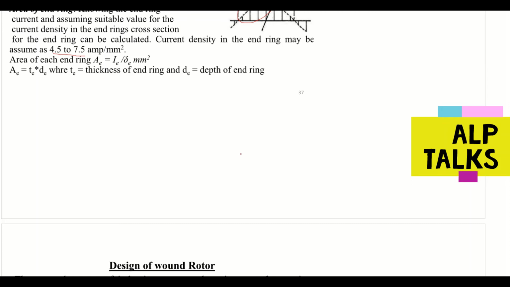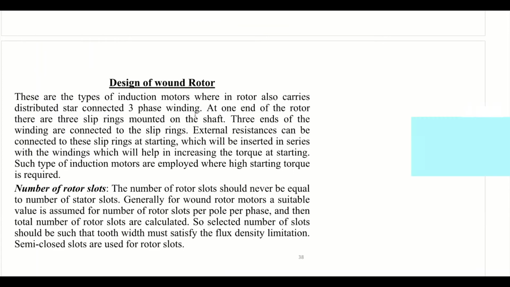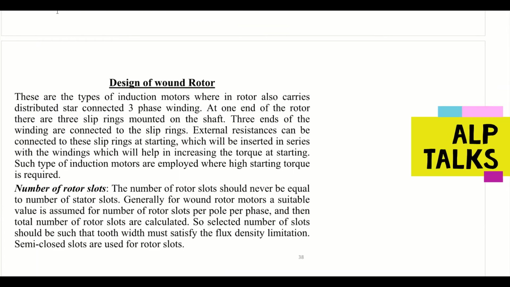Now we will go for the wound rotor. So this is the design of the wound rotor. As with the squirrel cage, the stator is the same. Only there will be differences in the rotor and a little bit in the mechanical aspects. These are the types of induction motor where the rotor also carries a distributed star-connected three-phase winding.